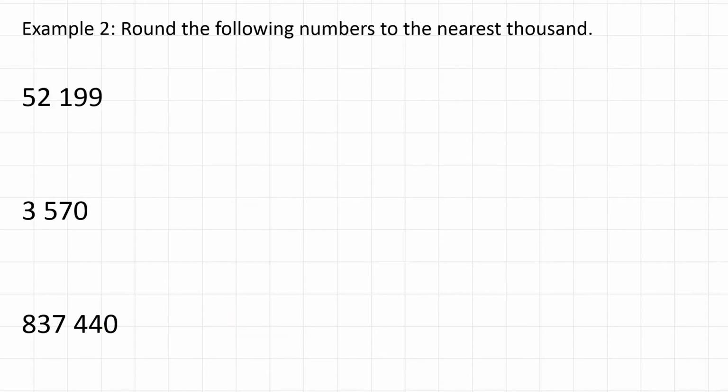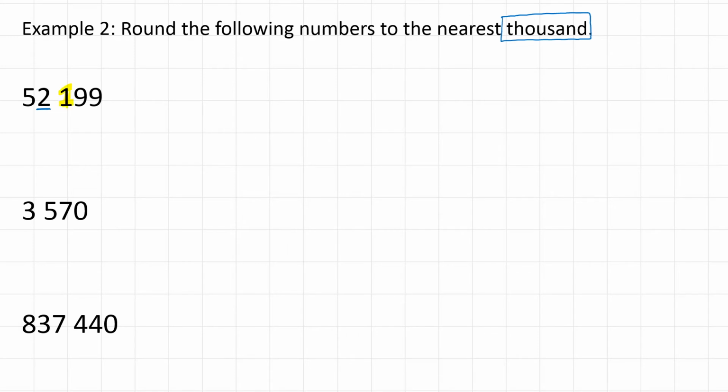In this next example, we're going to round the following numbers to the nearest 1,000. I'm going to put a box around that so we don't forget what we're rounding to. And let's look at the first example. 52,199. So step 1, I'm going to underline the thousands place value. Step 2, I'm going to look to the one digit to the right, which is the hundreds place.